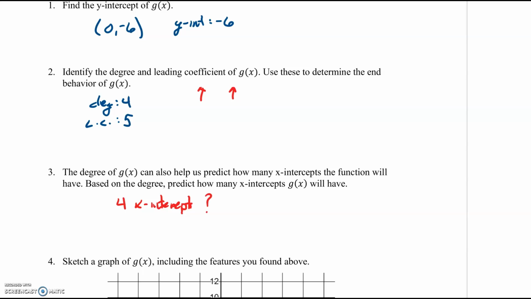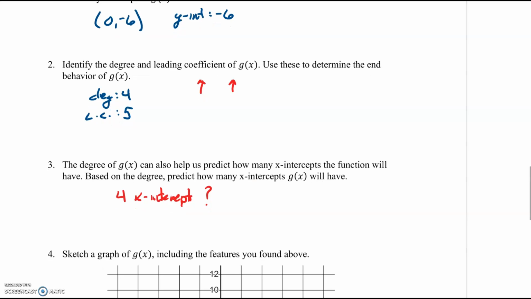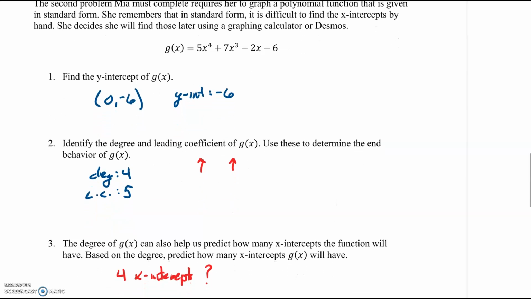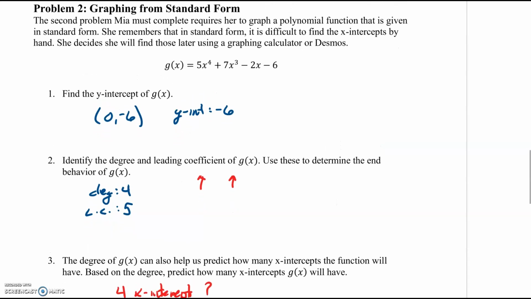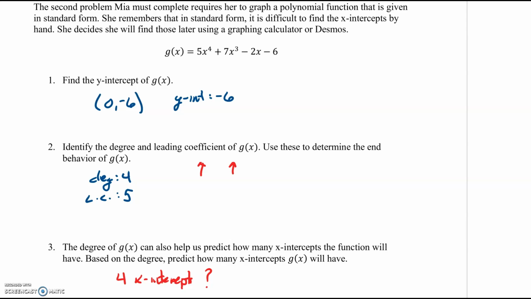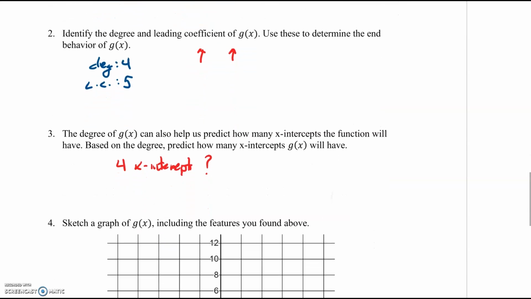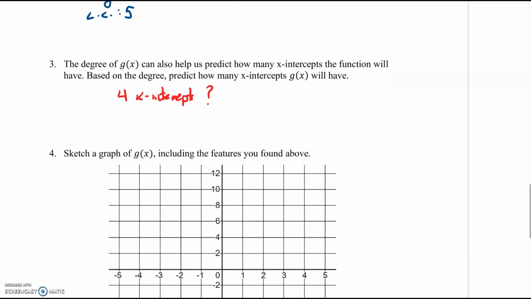And remember, that is a big maybe. That may be the case. If we were to factor this polynomial function, and find any even multiplicities, that would change the number of x-intercepts, in addition to the fact that we may have imaginary zeros. So we're not really sure.